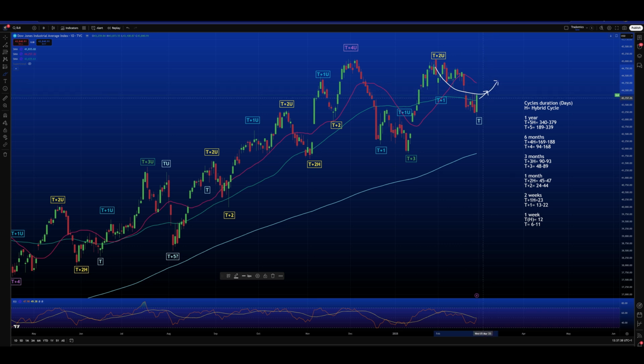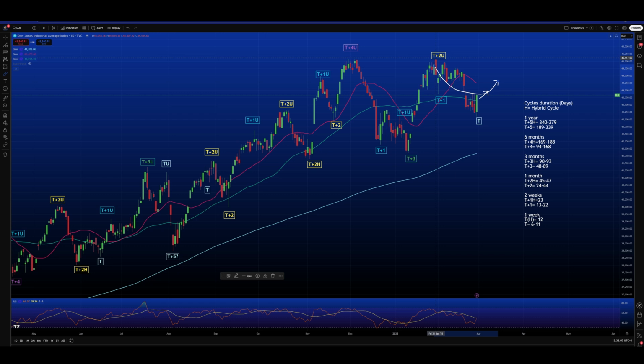And therefore, this is why we have possibilities to go higher, not just for mid of next week, but for the entire week. Because this T+2 has started definitely before compared to the other indexes. So Dow Jones is in advance compared to the others.